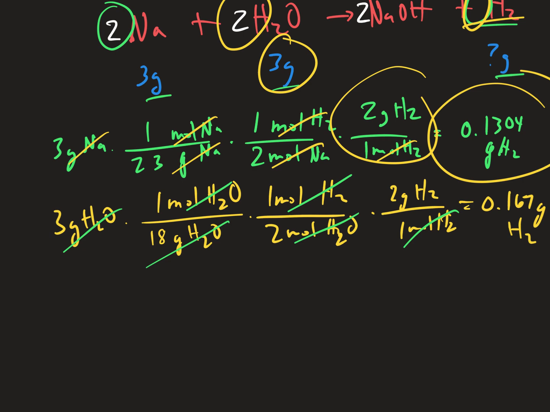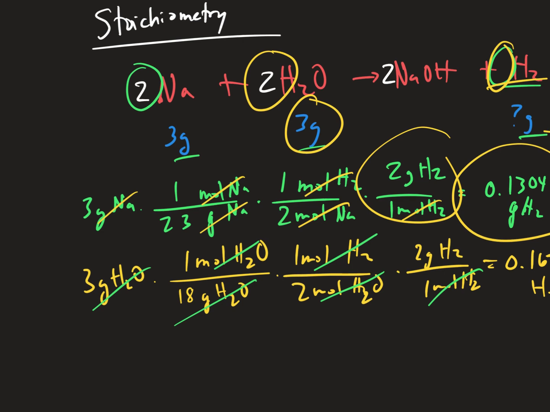Did I go too fast? Tell me, please. A little, could you back it up to the 2 moles of H2O? So do you understand where I got that? 2 to 2.